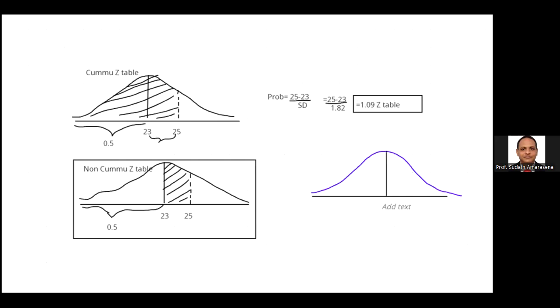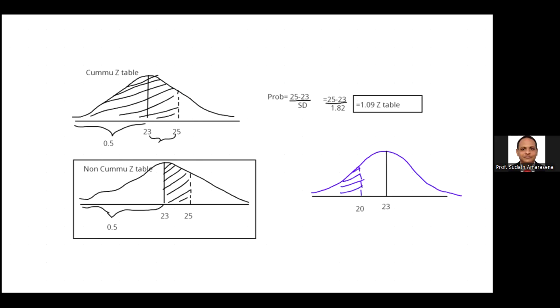But now the question asks to identify the probability within 20 days. 20 is before the 23. Here the 20. Now we should identify within 20 days, this area. But the cumulative table is given including the 0.5 as well.